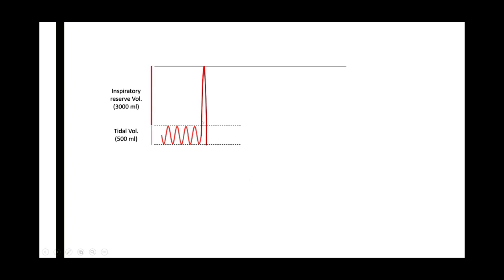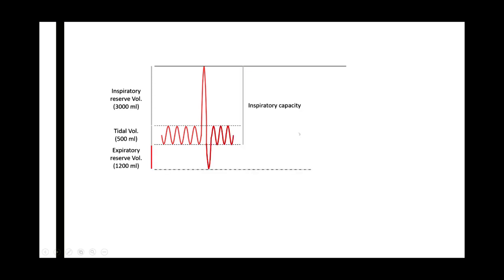Next, okay, take a big deep breath in. The max inspiration is called inspiratory reserve volume. Now the two of these together make up inspiratory capacity. And then after you've taken this big breath in, when you exhale as much as you can, that goes down to the expiratory reserve volume, from here to here.